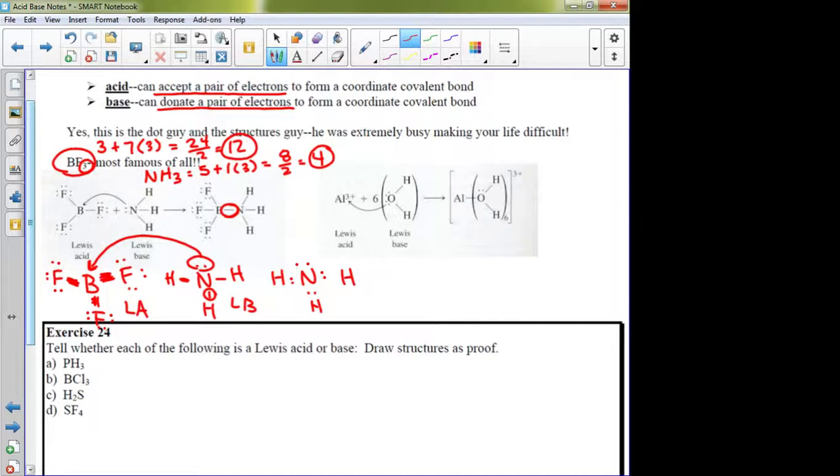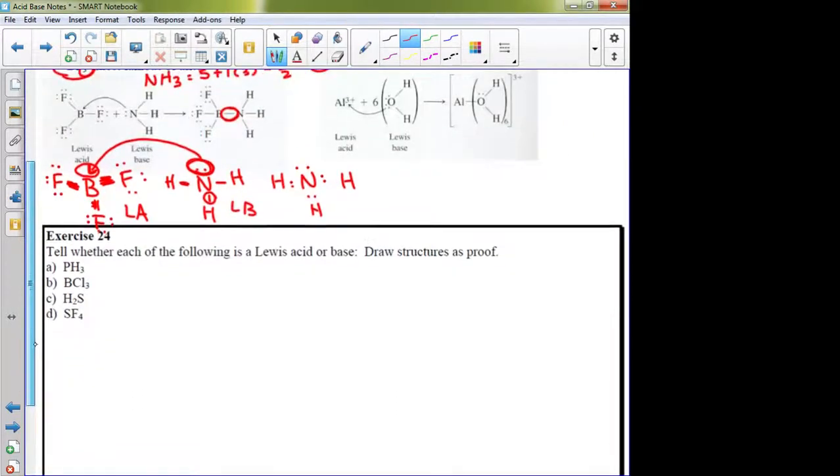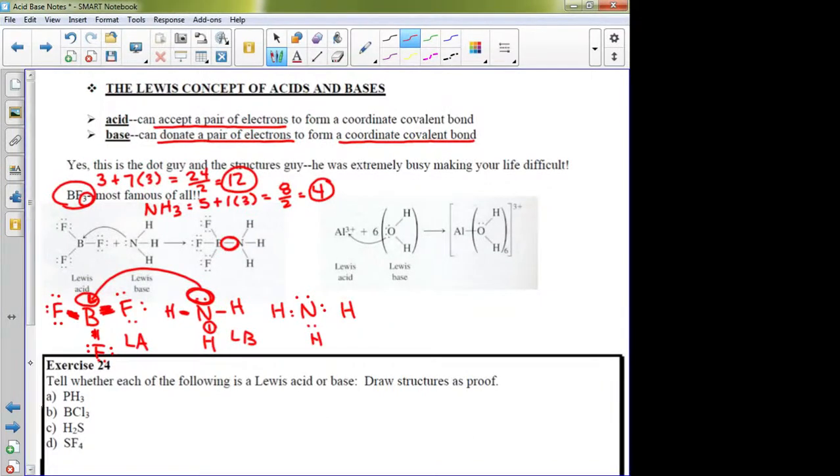Nitrogen brought 1, hydrogen brought 1, we shared. Here, boron brought none, nitrogen brought both of them. So we don't just call it a covalent bond, we call it a coordinate covalent bond. Do we see the difference between a covalent and a coordinate covalent? Yes, we do.